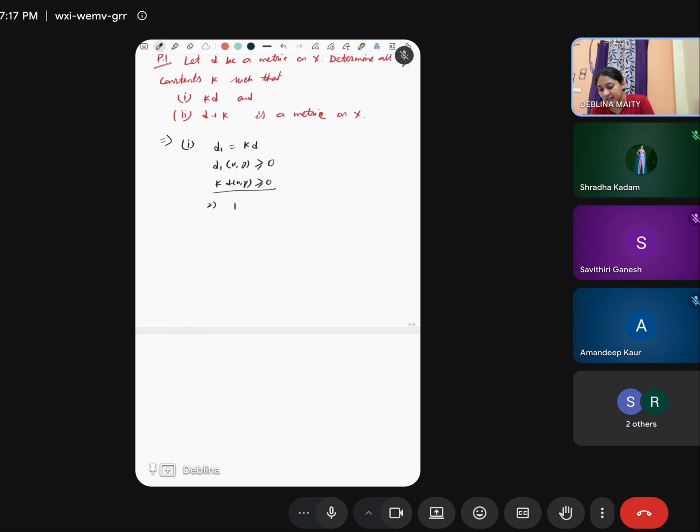So this implies k is greater than or equal to 0. So for the first one, if k is greater than or equal to 0, then it will be a metric, and all the properties will be satisfied, because kd also satisfies the commutativity property and it is 0 only when x equals y, right?